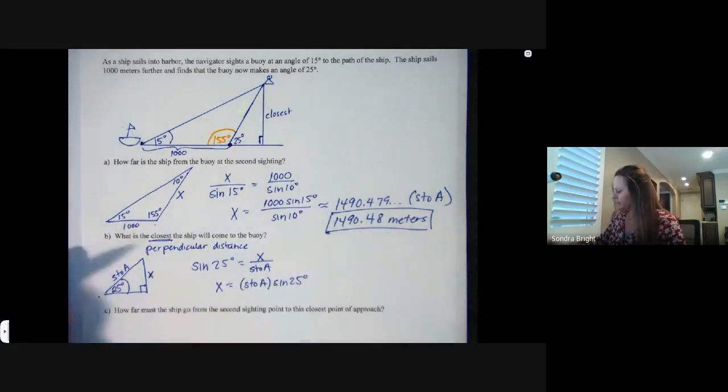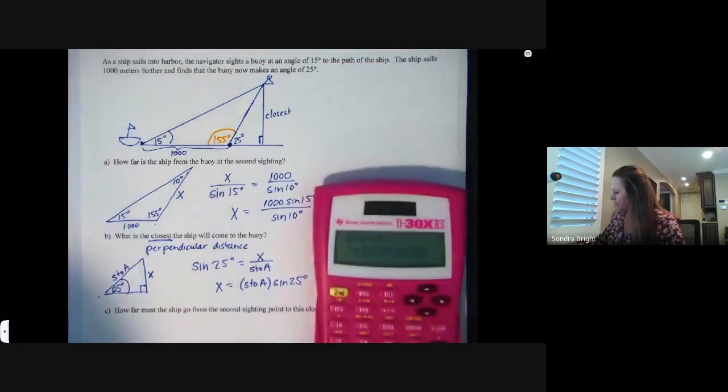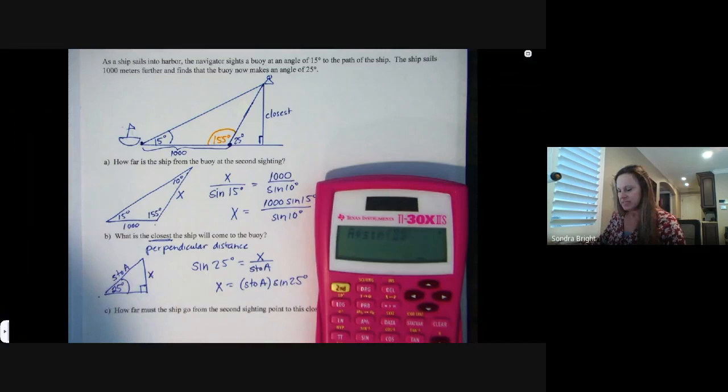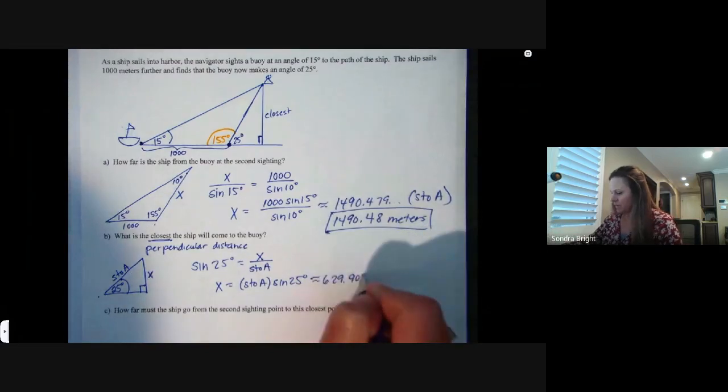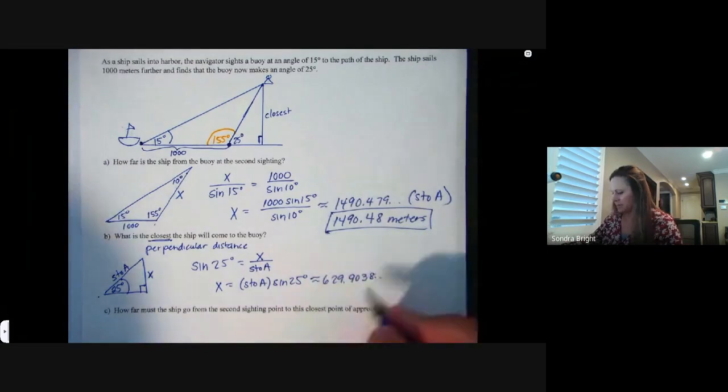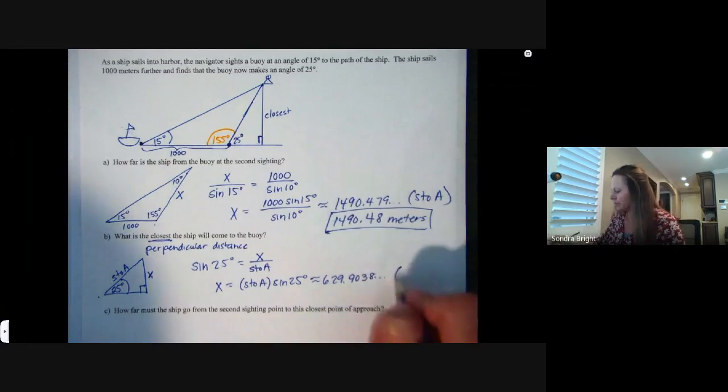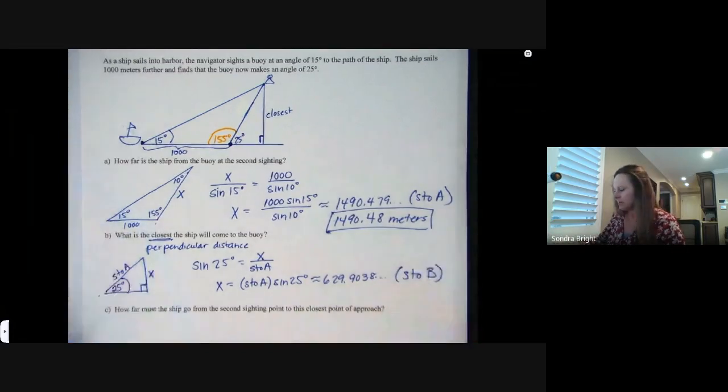Let's put that in there. I'll do A times sine of 25. And that gives me 629.9038, blah, blah, blah. I'm going to store this, by the way, in case I need it, which I probably will. Let's store it under B.